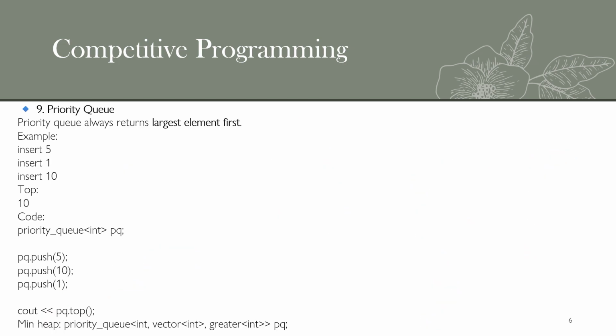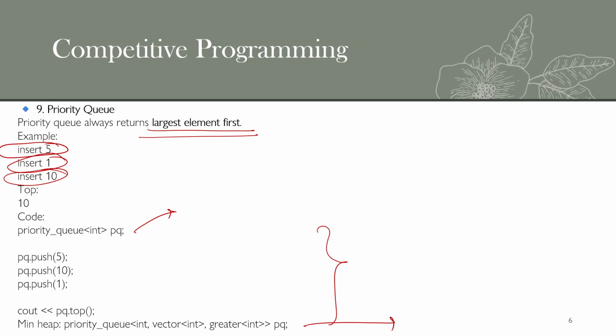Next, we have priority queue. Priority queue always returns the largest element first. Insert 5, 1, 10. Top will be 10. So this is the code. If you ask me what is this and what is this, this is the statement for your max heap.